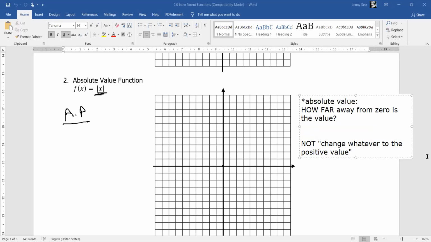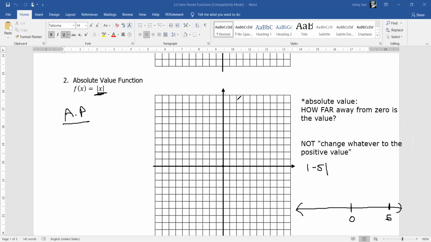You might not have any idea what I mean by that, so let me try to hash it out. Okay, so the absolute value of -5, I'm going to draw a number line. That's my 0. Patrick, how far away from 0 is the number 5? Going once, going twice.